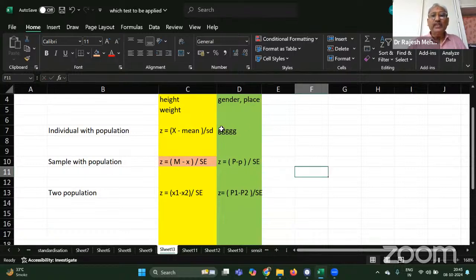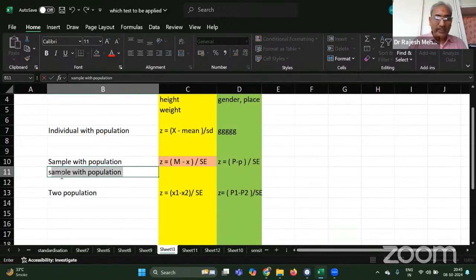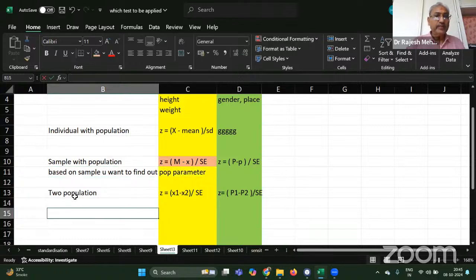So these three examples I repeat, then we'll go for this. This is the comparison between two populations, far simpler. The most complicated is sample with population, because here, based on a sample, you want to find out a population parameter.